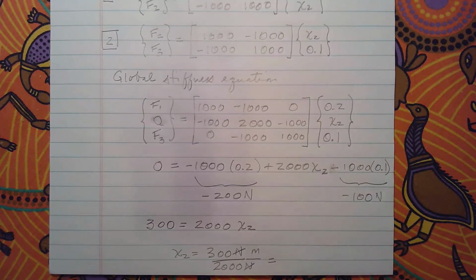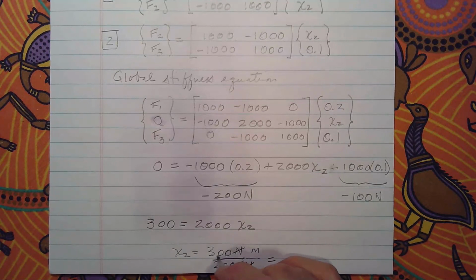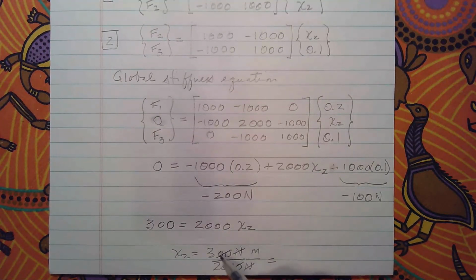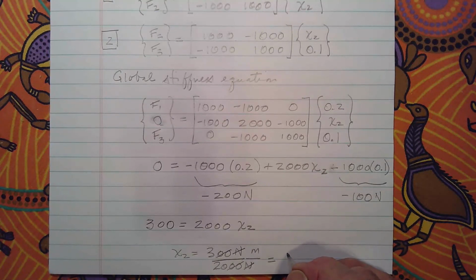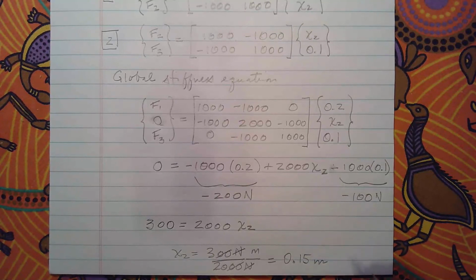Okay, so if we perform this calculation, we can do it by hand really. 3 divided by 2 would be 1.5, but it's 3 divided by 20, so it's going to be 0.15 meters. Okay, to the right, because it's positive.